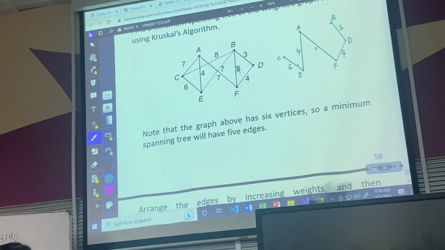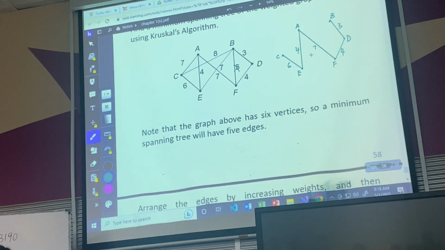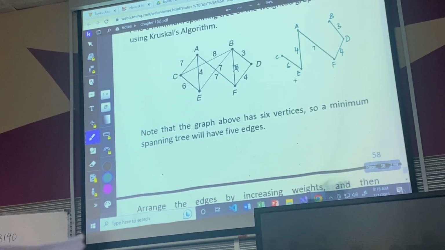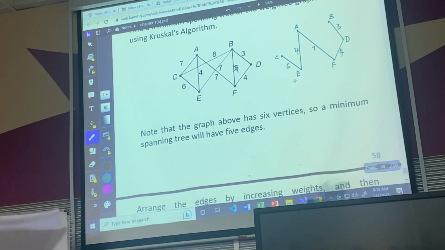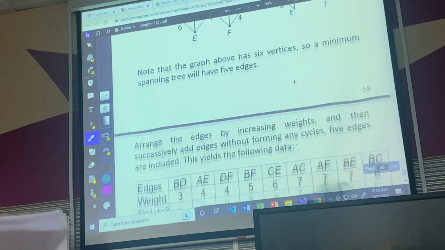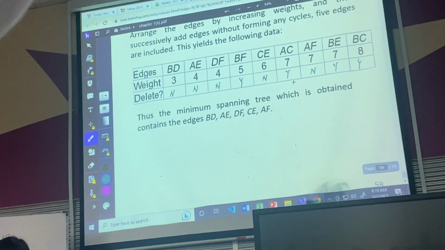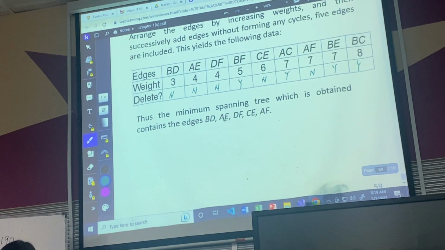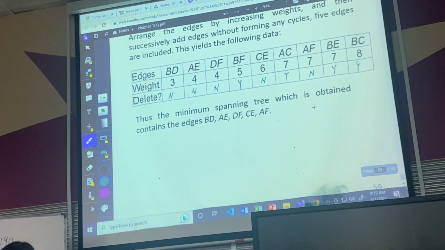Here the minimum total weight will be 24, right? Total up all. Okay? Understand? Kruskal's algorithm? Easy, right? Okay, so this is the spanning tree with the edges listed out here. If you already draw, no need to list.